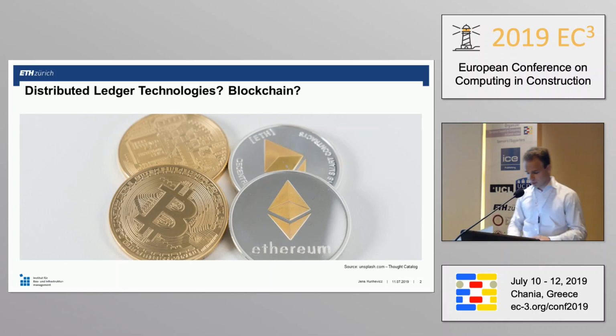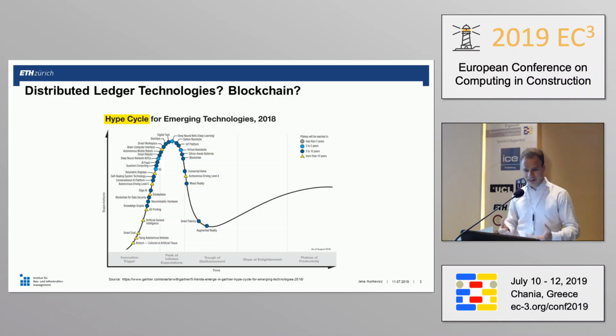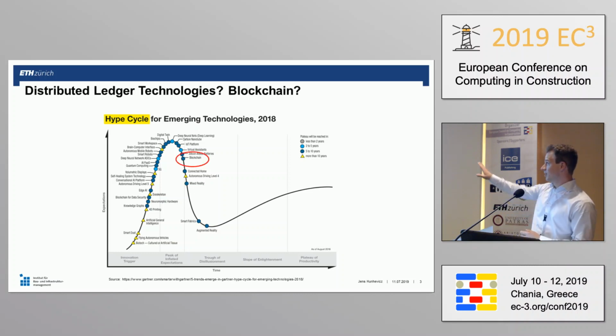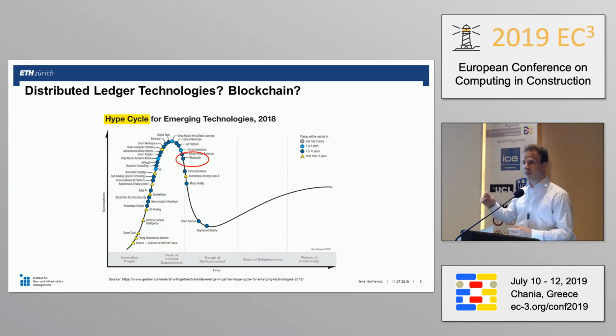And I want to show you now with Gartner's hype cycle. You have probably seen Gartner's hype cycle. Who has seen it before? Probably all of you, right? We have blockchain there as one term, embedded in a lot of other technologies. Eventually Gartner figured that this is not accurate enough, I don't know.